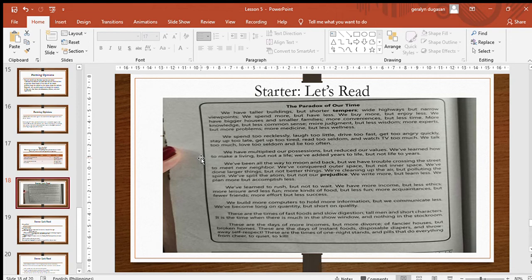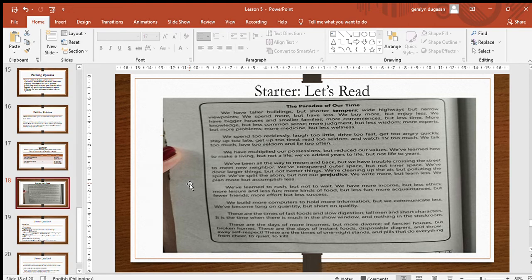We've done larger things, but not better things. We're cleaning up the air but polluting the spirit. We've split the atom but not our prejudice. We write more but learn less. We plan more but accomplish less. We've learned to rush but not to wait.